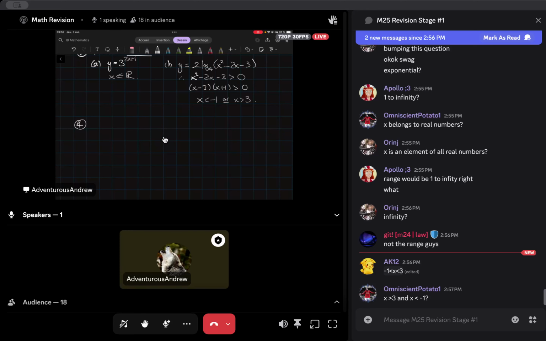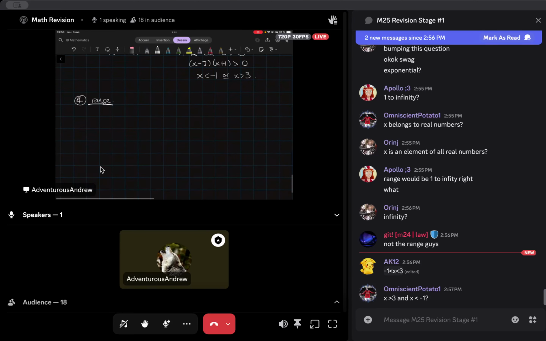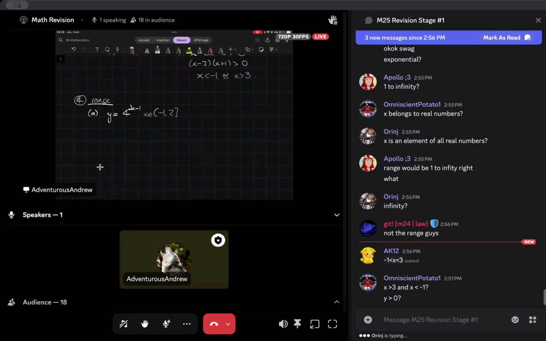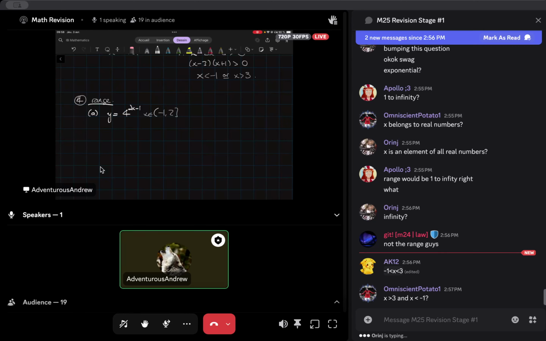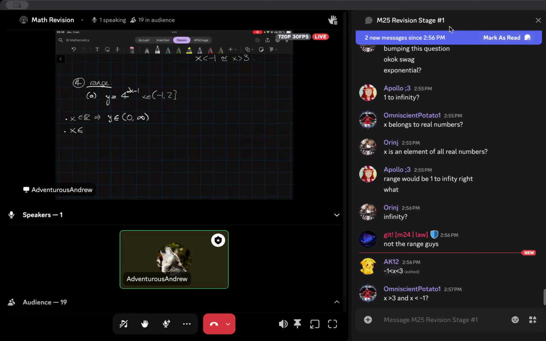Four, range. Look at the domain. Yes, if we're saying x is an element of all real numbers, then yes, the range would be 0 to infinity. But what if we restrict the domain to -1 to 2?